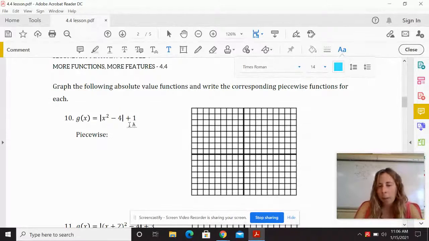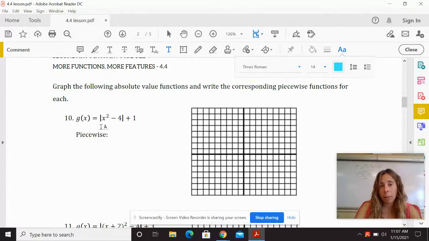Here, there's something outside. What I want you to do is graph the absolute value of x squared minus 4. So what does that mean? This time they give us the absolute value equation.